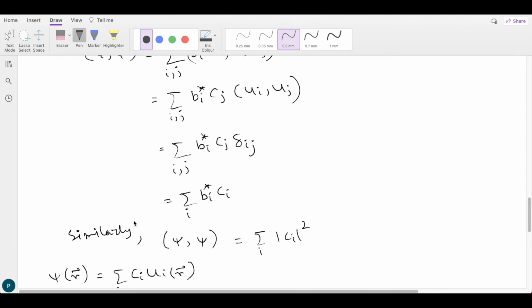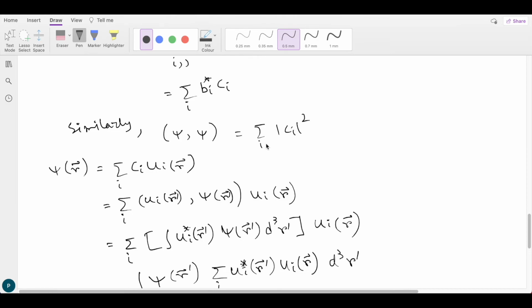Similarly, if we take the scalar product of psi with itself, we get the summation over i of ci star ci, and we know that ci star ci is mod ci squared.